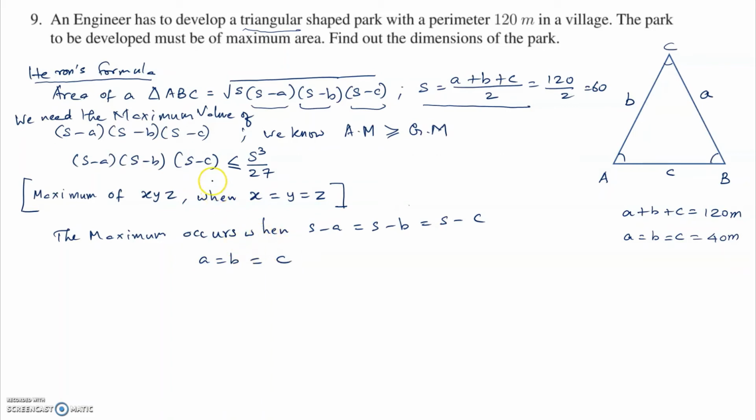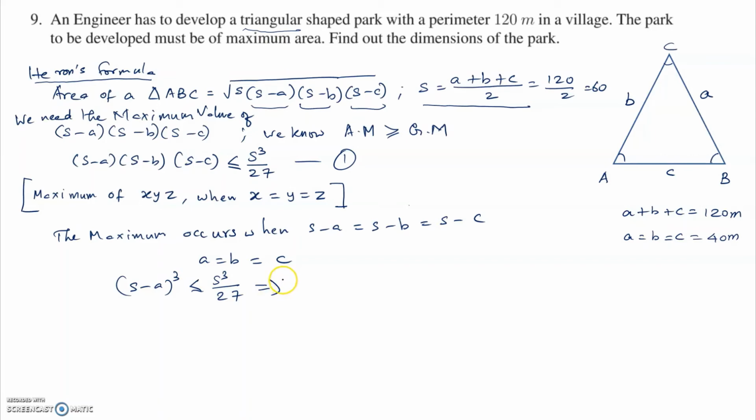So now let's take this relationship, and let's assume that B is equal to A and C is equal to A. The left hand side now becomes S minus A the whole cube, which is less than or equal to S cube divided by 27.